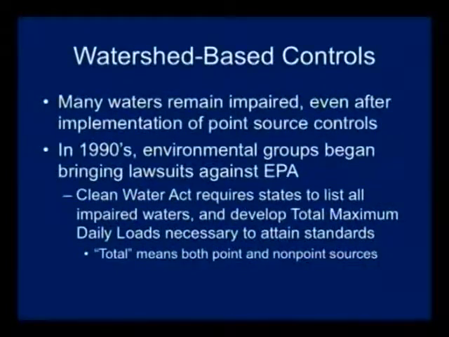So federal courts created mandates for states and EPA to start implementing the total maximum daily load program. The total in total maximum daily load means we're looking at both point and non-point sources. Up through the 1990s, roughly, the focus on pollution control was on wastewater treatment plants, factories, what was coming out of pipes.